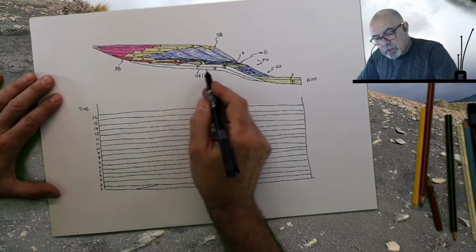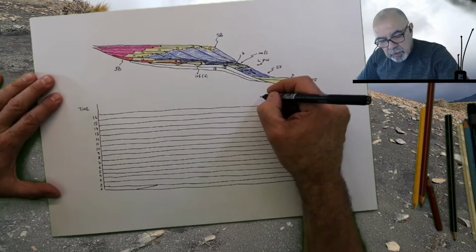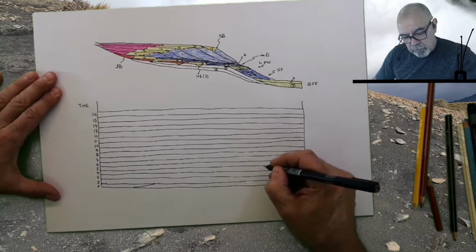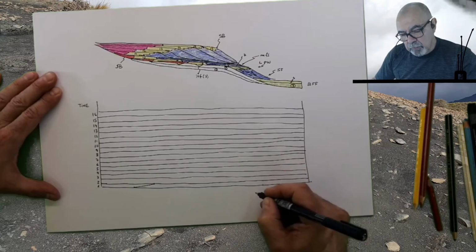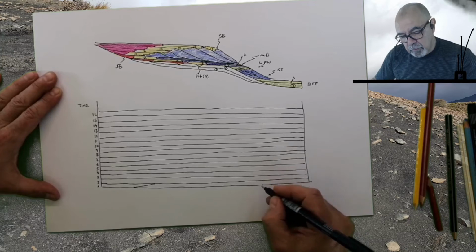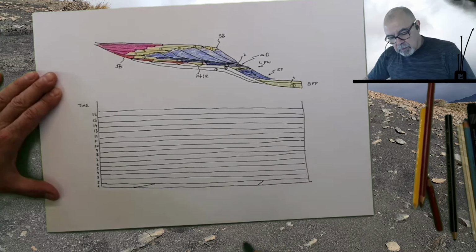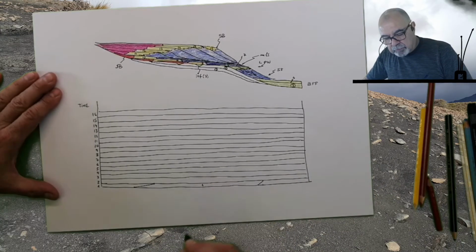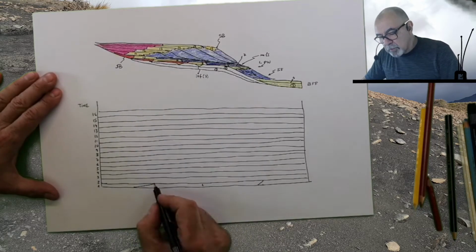and for this first unit you have the end of this unit, the top, and the base is more or less here. So this is the deposition of unit 1. Then we have the unit 2.